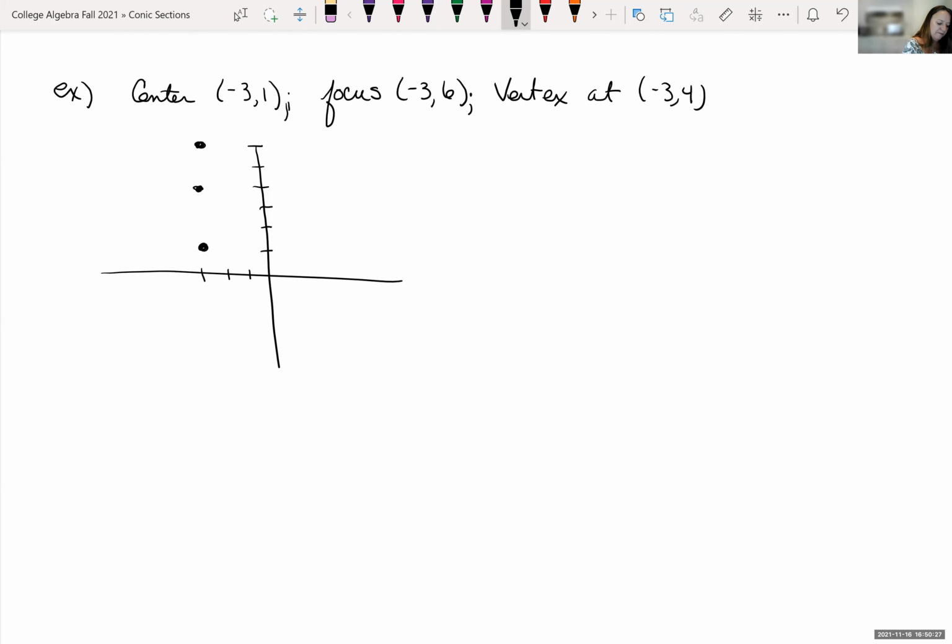Knowing where my foci are, I know the hyperbola shapes are always going towards the foci. So it's going to be going upwards and downwards. That tells me that the y value is positive. And so I'm looking for (y - k) quantity squared over a squared, minus (x - h) quantity squared over b squared, equals 1.